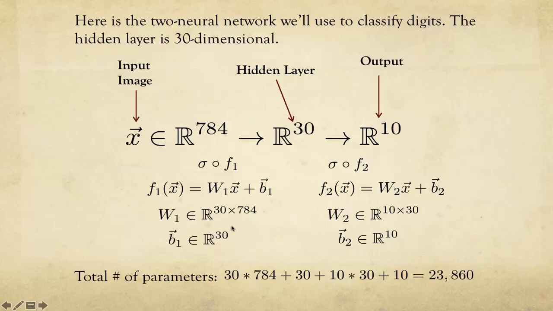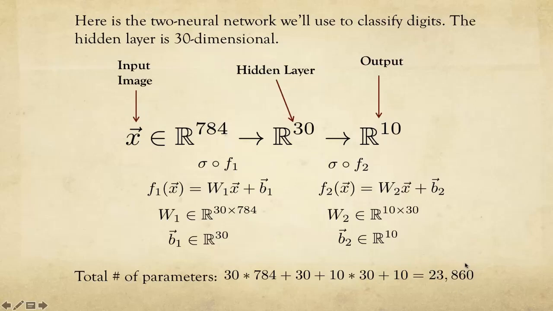If we calculate the number of entries in those matrices, then you have 30 times 784, which is the W1 matrix, plus the number of entries in B1, so 30 times 784 plus 30, plus 10 times 30 plus 10. So you have about 24,000 parameters.